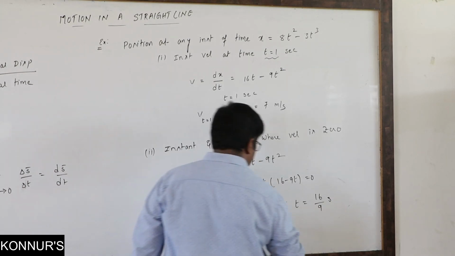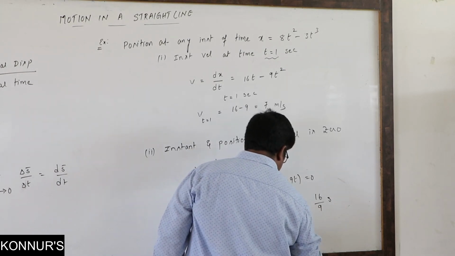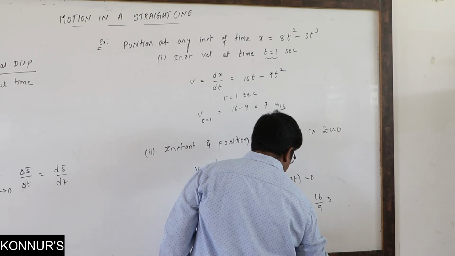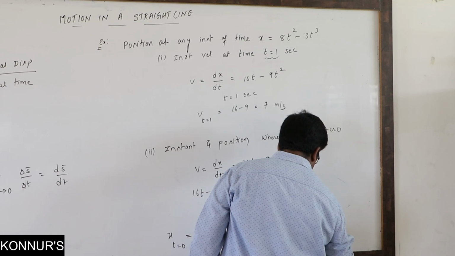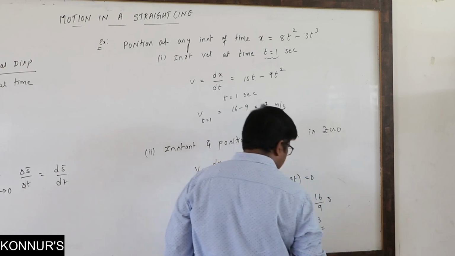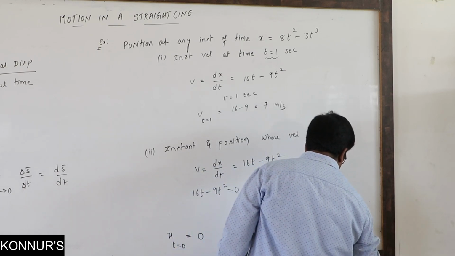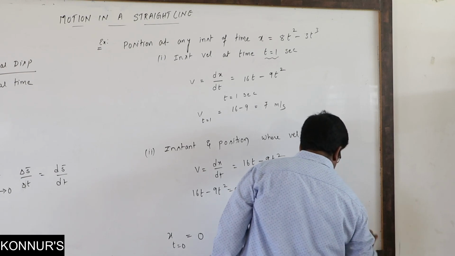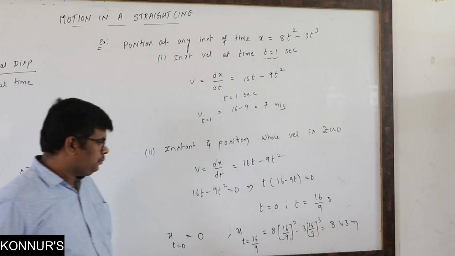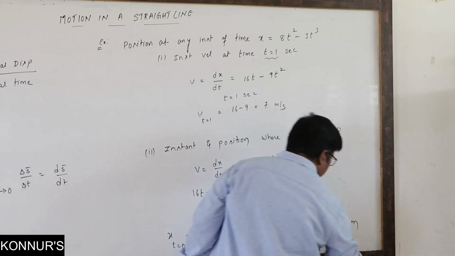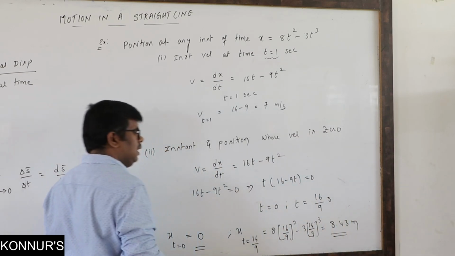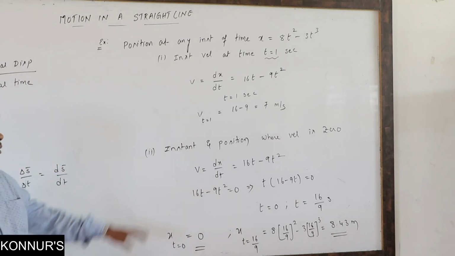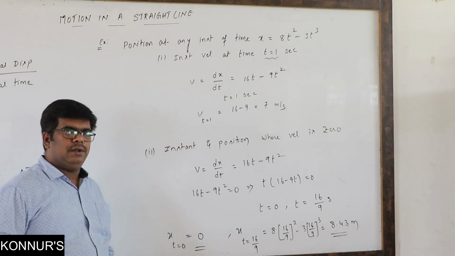At these times the velocity is 0. For the position, if you substitute these times in the given expression, you can find the positions where the velocity is 0. At t equal to 0, x is 0, so at the initial position the velocity is 0. At the other time, 16 by 9 seconds, x equals 8 times (16 by 9) squared minus 3 times (16 by 9) cubed, which gives 8.43 meters. So at 8.43 meters the velocity of the body is 0.